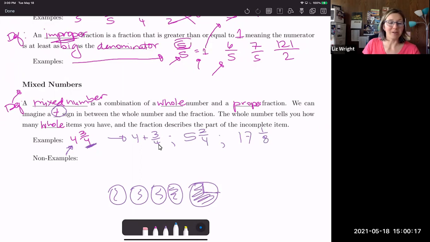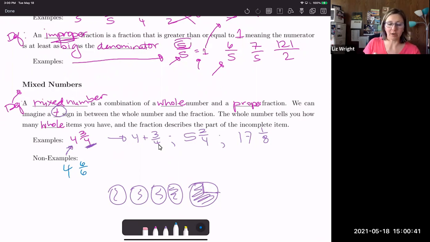Non-examples. These are not examples of mixed numbers. So we've got something like 4 6/6. You can talk about this with your neighbor. Why would that be considered not a mixed number? Go back to your definition.